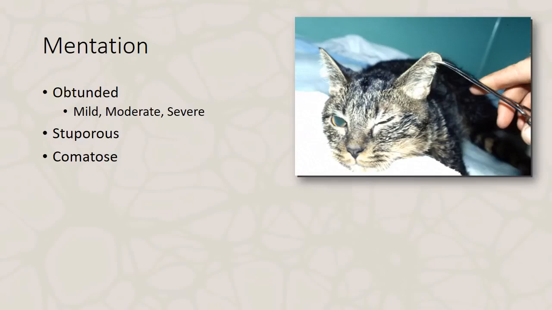Whereas a comatose patient, such as this cat here in this image, is not responsive to anything. They're still breathing, they still have a heart rate, but that's it. You could argue that an obtunded patient is anything in between stuporous and alert, and that's why some people will use mild, moderate, or severely obtunded.